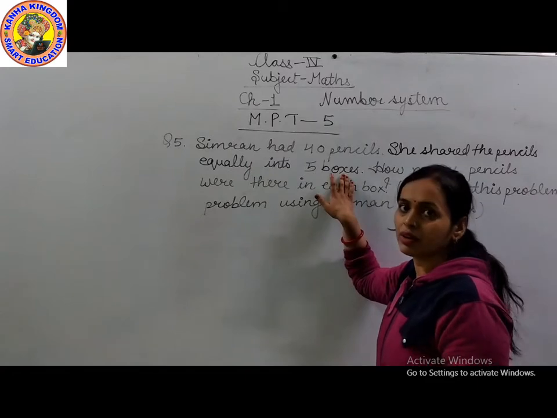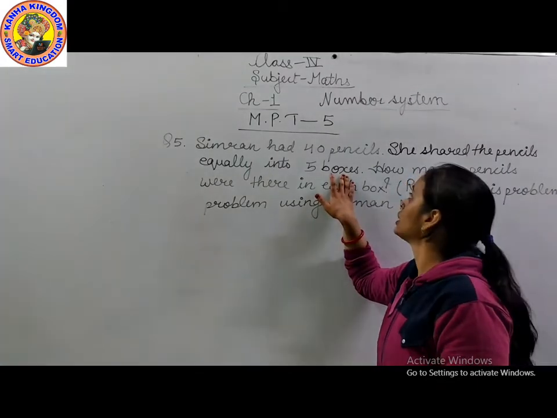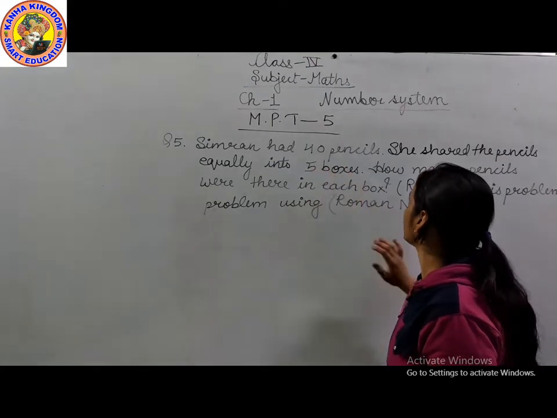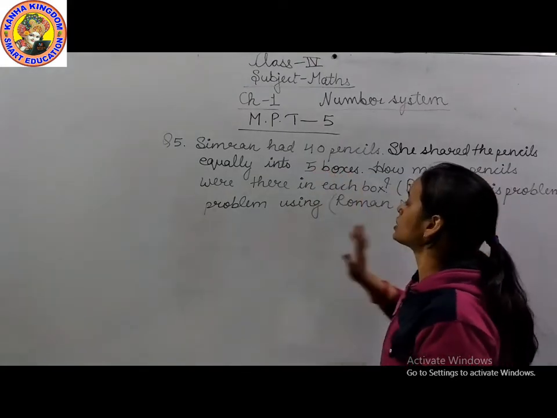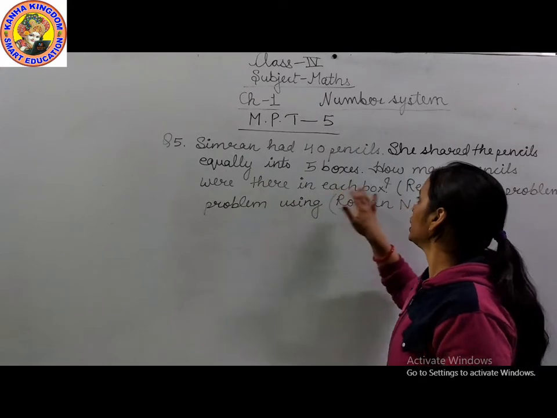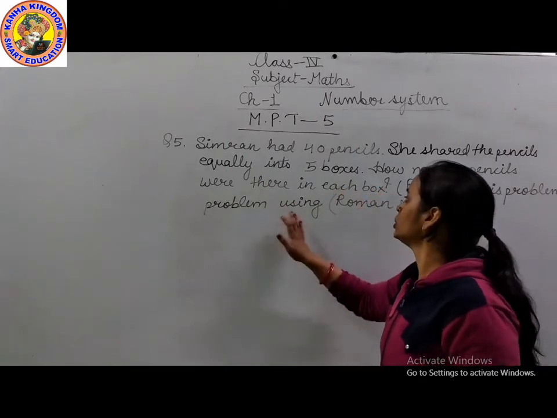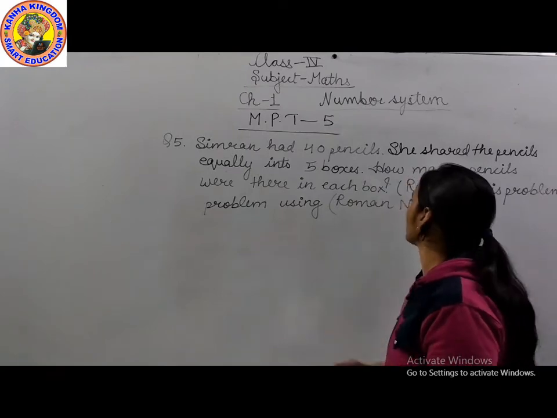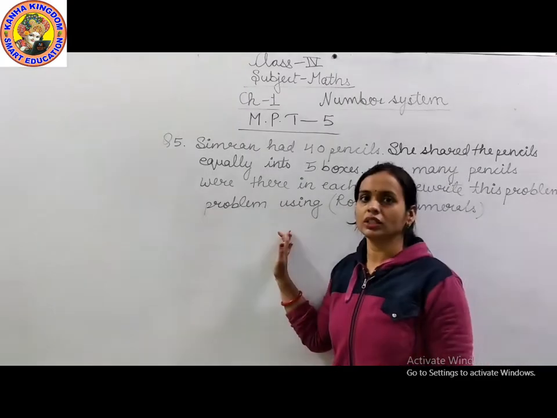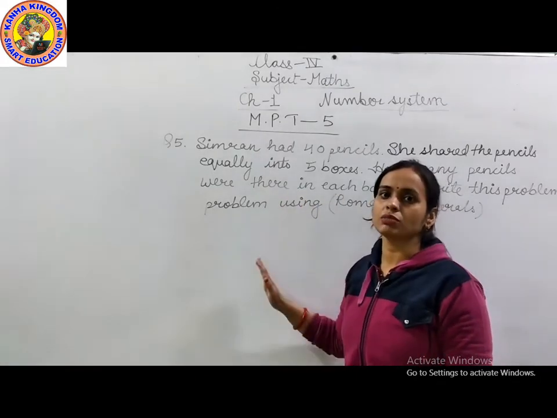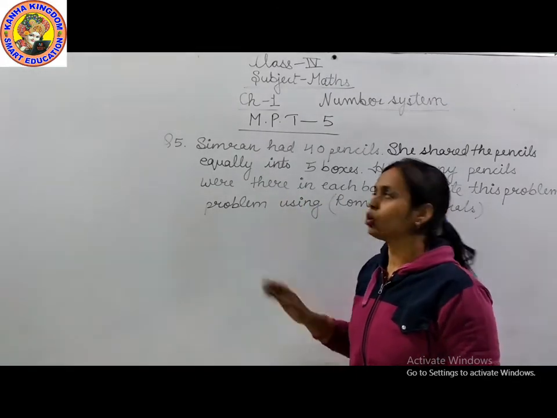So she had 40 pencils and she shared the pencils into 5 boxes. How many pencils were there in each box? Rewrite this problem using Roman numerals. Okay. So this is a question. We have to only rewrite this problem in Roman numerals.